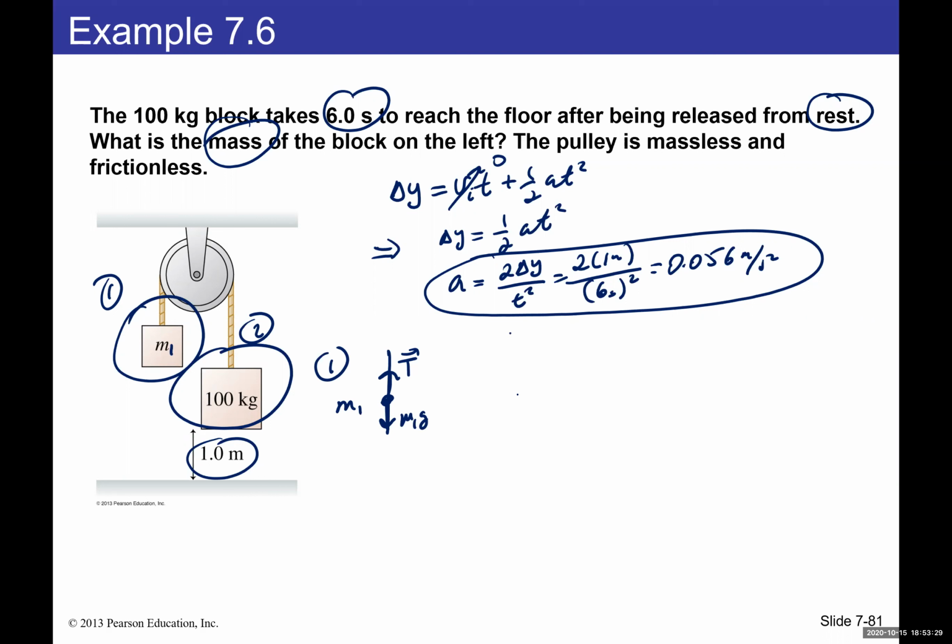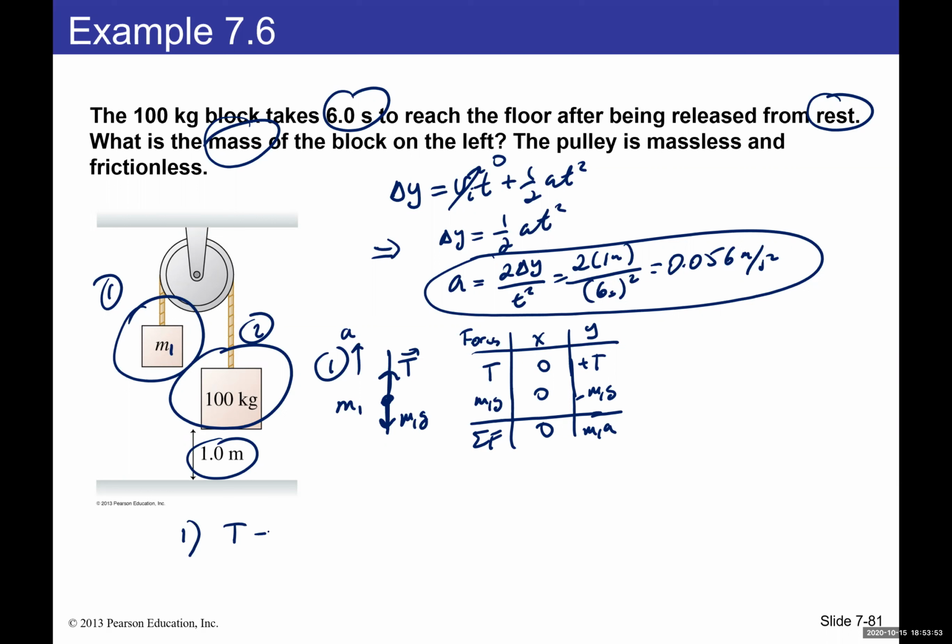Since it's going to be accelerating up, I have tension and M1G. In the X direction there is nothing, but in the Y direction, plus T minus M1G equals M1A. So I get equation 1: tension minus M1G equals M1A.